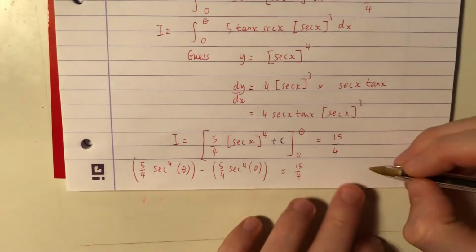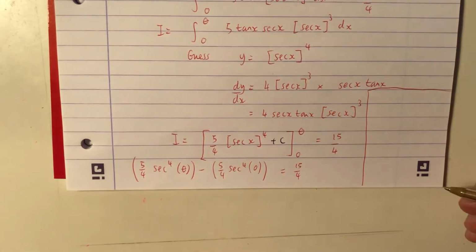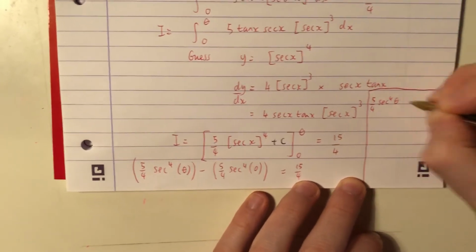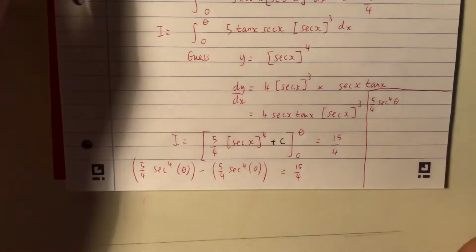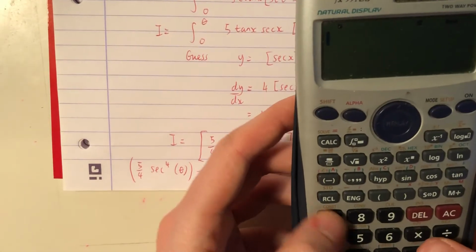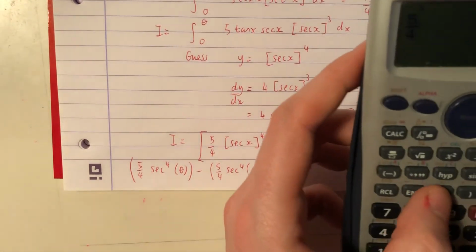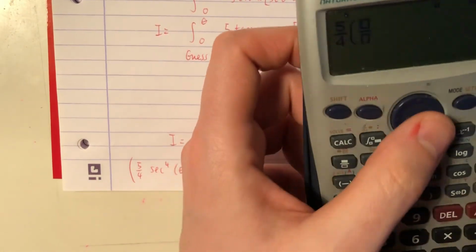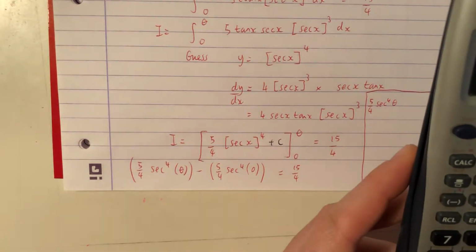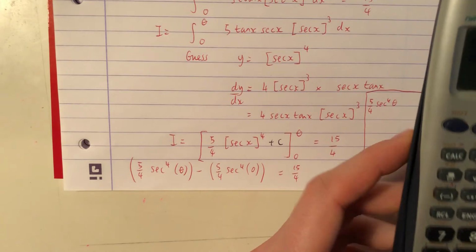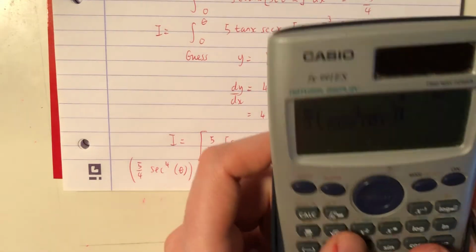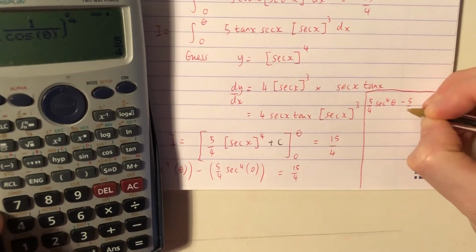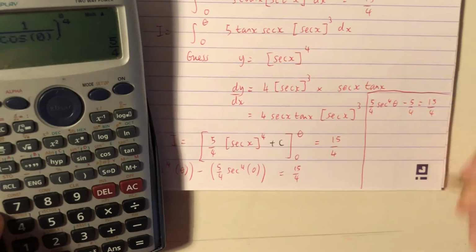Don't touch that one yet. 5 over 4 sec to the 4 theta. Okay, let's work this out in the calculator. 5 over 4, you should be able to do this in your head though. 1 over, sec is 1 over cos, so cos 0 to the power of 4, gives you 5 over 4, is equal to 15 over 4.